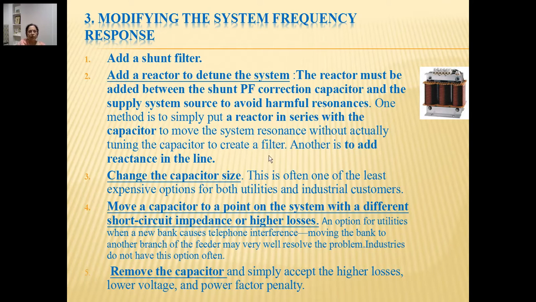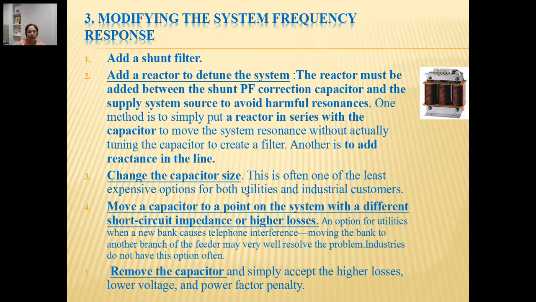One method is to simply put a reactor in series with a capacitor to move the system resonance without actually tuning the capacitor to create a filter. And another is to add a reactance in the line.